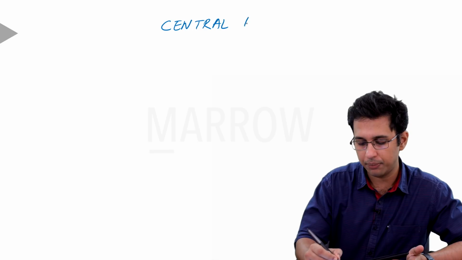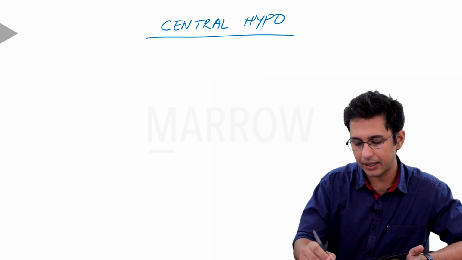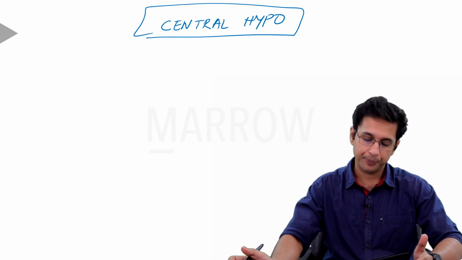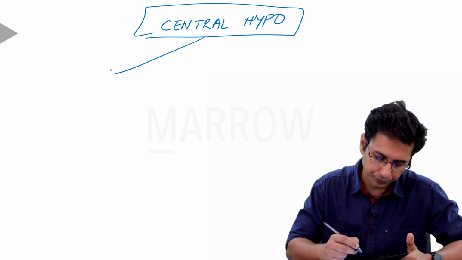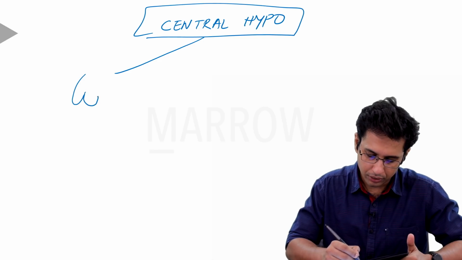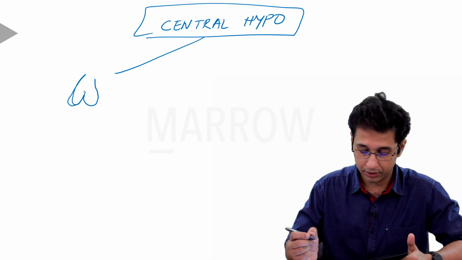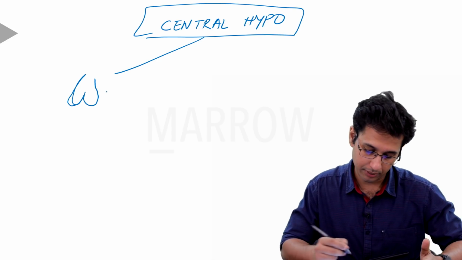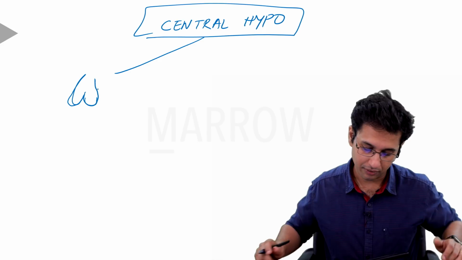Now let us see central hypothyroidism. What do you do? Primary is clear. Central hypothyroidism could be due to the pituitary. Oh my god, this looks like a testis, but I was trying to draw the pituitary.